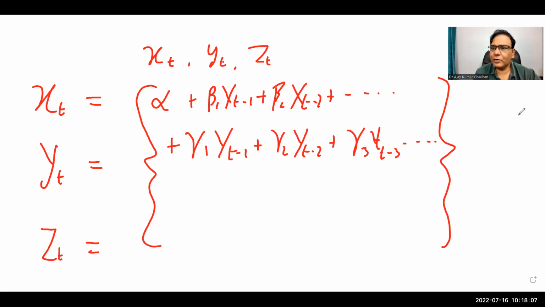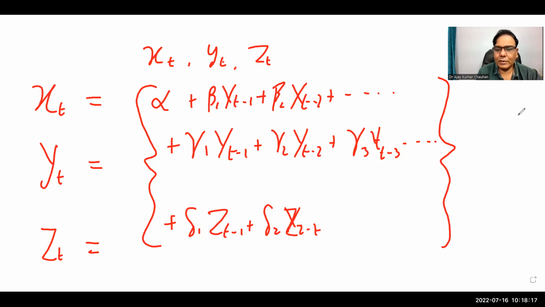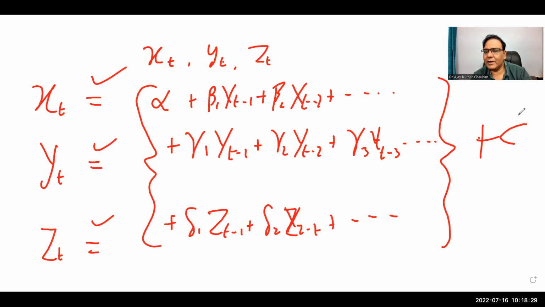These are the past values of y, plus delta 1 zt minus 1 plus delta 2 zt minus 2 and so on. This term is similar for this equation, this equation, this equation. So the right hand side is similar, plus the error term. So we have three equations.